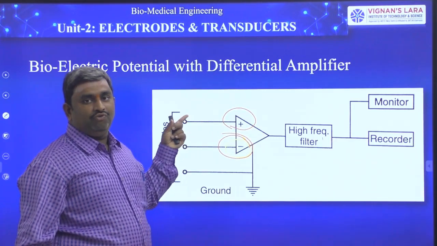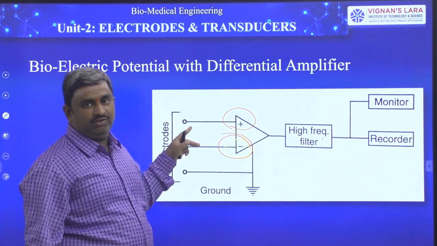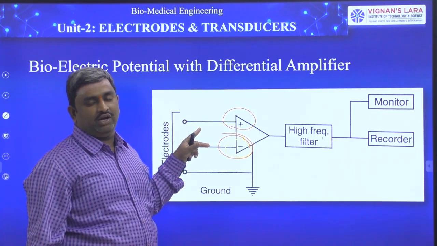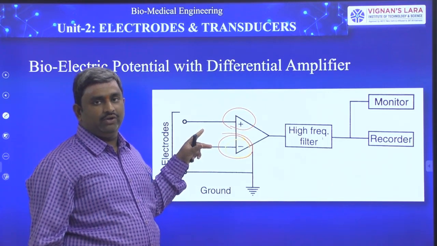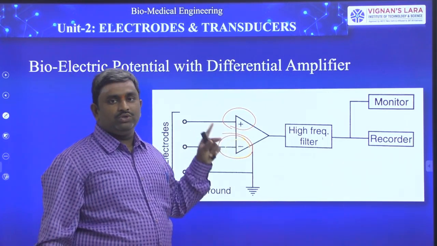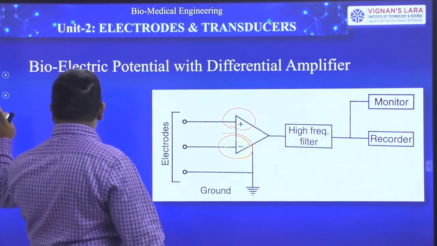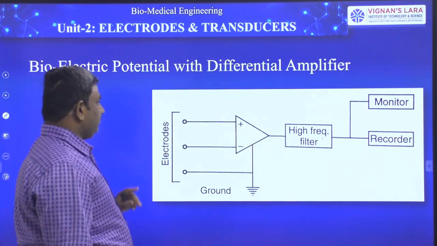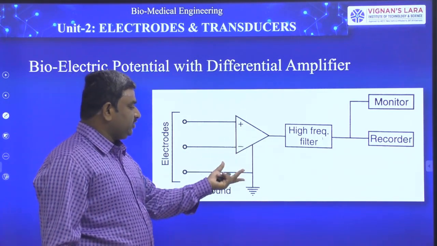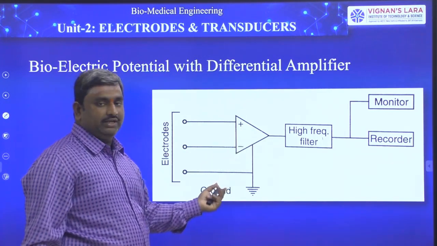That means if you give two signals between these two terminals, it will give the difference of those values. So basically, we are using a differential amplifier, a basic differential amplifier, with a ground also here.